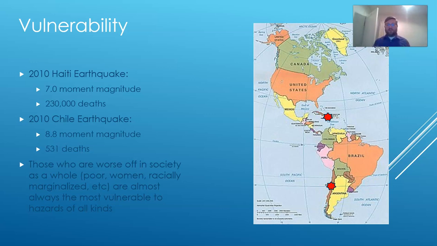Haiti is an incredibly poor country. Their infrastructure is not very well built. Houses just collapsed on people as that earthquake happened because they were not built very well, because people couldn't afford to build them well. A lot of people were living in very vulnerable kinds of areas on steep hillsides and stuff that collapsed under the shaking of the earthquake.